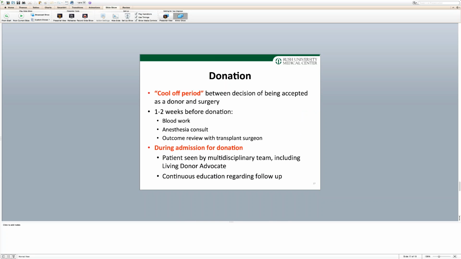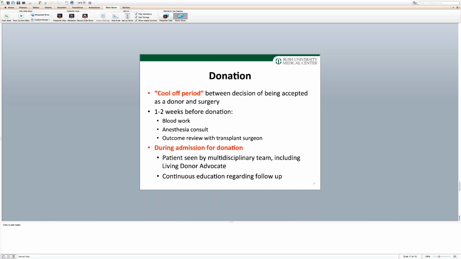After this step, the patient can be accepted as a potential donor or can be denied for different reasons. If the patient is accepted as a potential donor, there is a cool-off period between the decision of being accepted as a donor and the surgery. Anytime during this period, the potential donor can change their mind, accepting or rejecting the procedure itself.